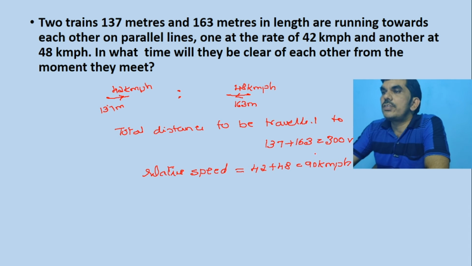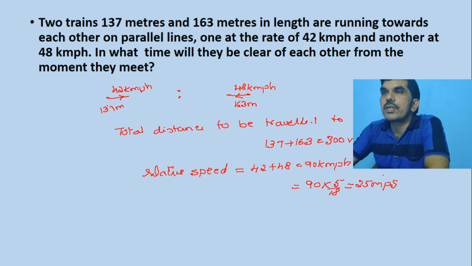So speed is in kilometer per hour and the distance is very small, 300 meters. So I need to convert this kmph to mps. While converting kmph to mps, this is multiplied by 5 by 18. So it is 25 mps.